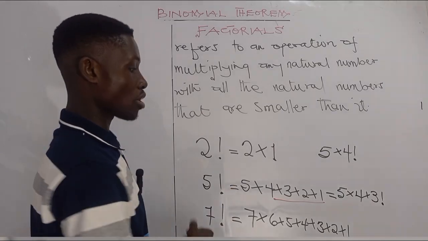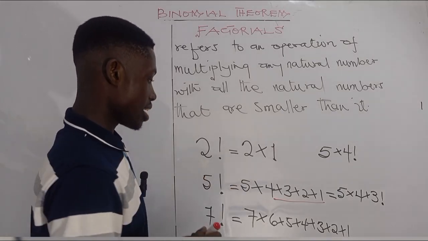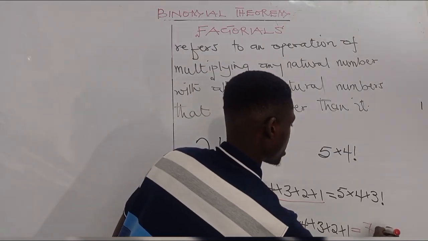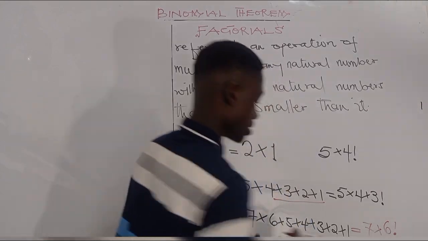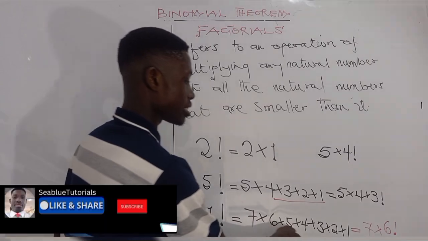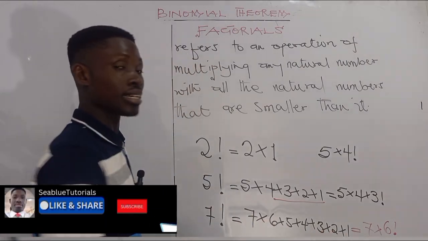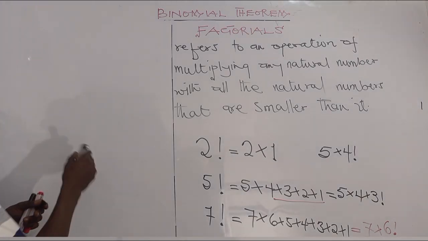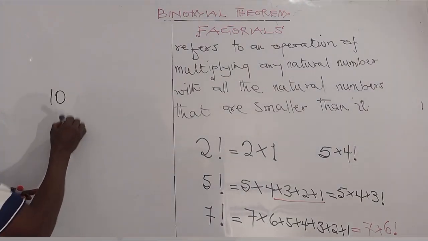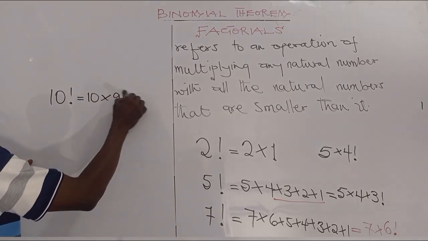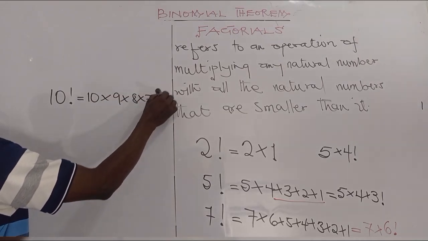So we can shorten this and write it as that. Similarly, with 7 factorial, we can shorten it and write it as 7 times 6 factorial. This is because 6 factorial will cater for all these natural numbers that are smaller than 6. Let's take our last example on that. If you have, let's say, the natural number 10 with this very symbol, which is read as 10 factorial, so we have times 9, times 8, times 7, times 6.